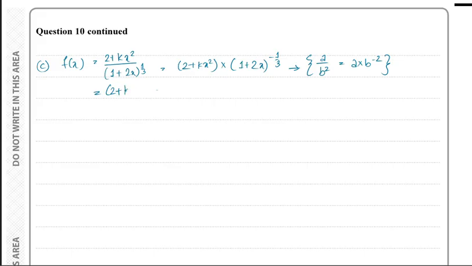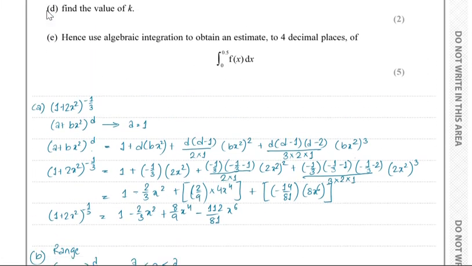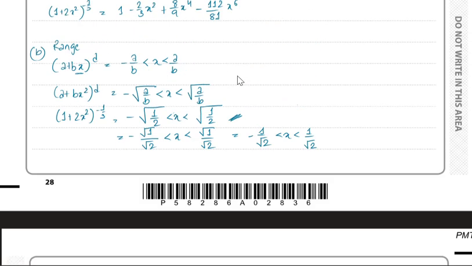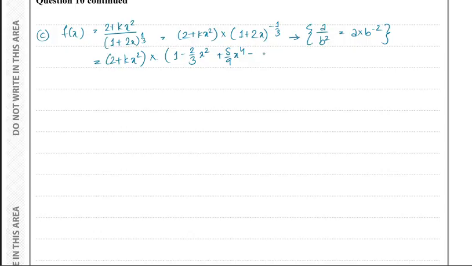So (2 plus kx squared) multiplied by what we got in part A, which was 1 minus 2 by 3 x squared, plus 8 by 9 x to the power 4, minus 112 divided by 81 x to the power 6.